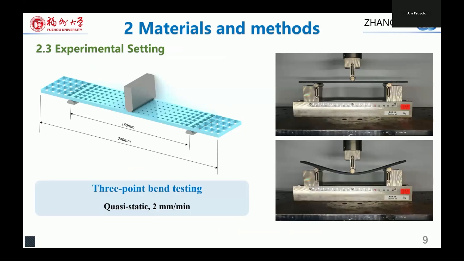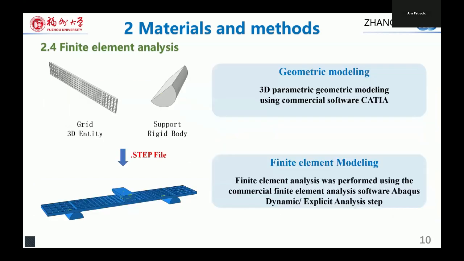3-point bending tests were performed following a quadratic mode with the speed of 2 millimeters. And then we built a finite element model for analysis based on the 3D parametric geometry modeling using the commercial software CATIA. And then the FEM analysis was performed using Abaqus, in which the dynamic explicit step was adopted.